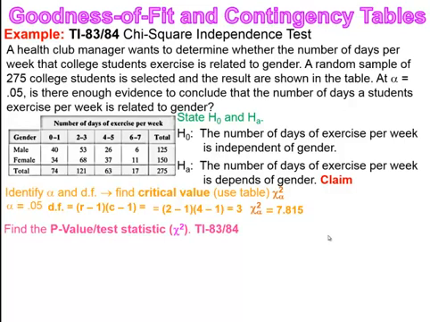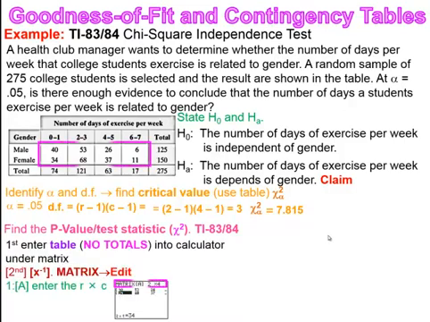To find the test statistic, the first thing we want to do is enter the data into our matrix function. So we're going to enter the table, only the data, no totals, into the calculator. To do this, if you have a newer calculator, you're going to go to second, the x minus 1, which has the matrix function above it.